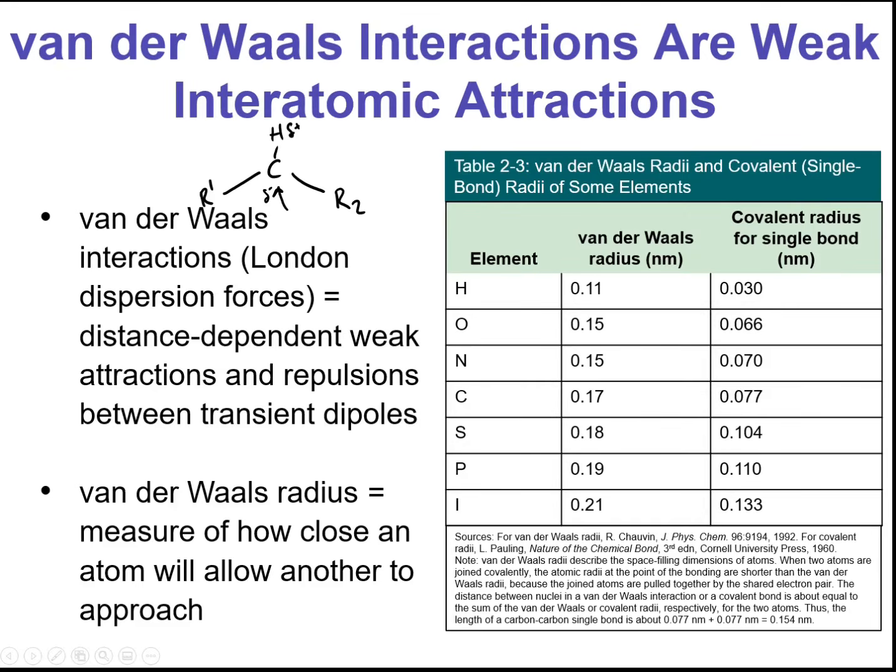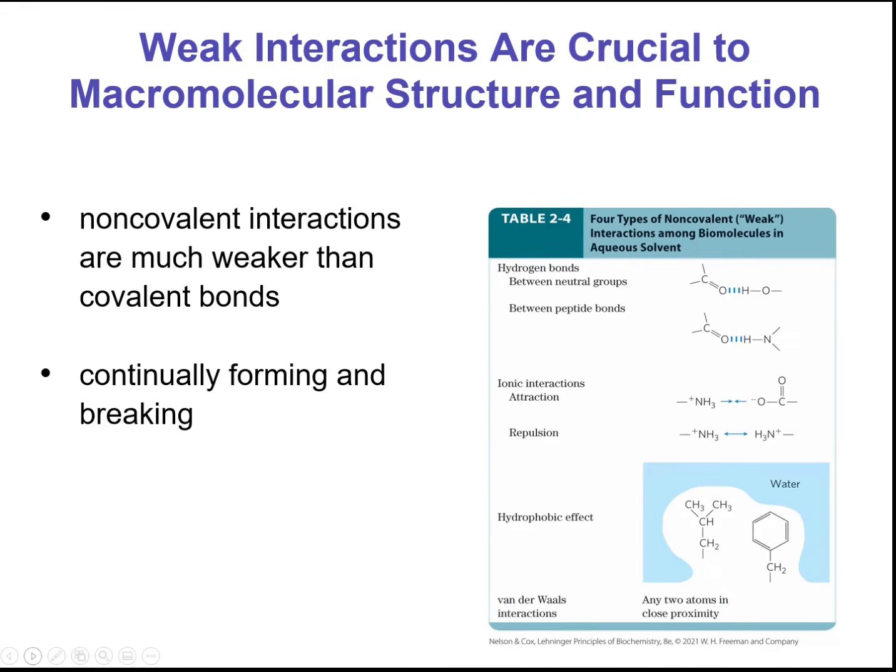They're very weak. And just like with the hydrogen bonding, the distance between the atoms is very big in comparison to a covalent bond. Table 2.4 is going to be your friend. It summarizes the different interactions that you can have between molecules. The non-covalent interactions are much, much weaker than the covalent ones.